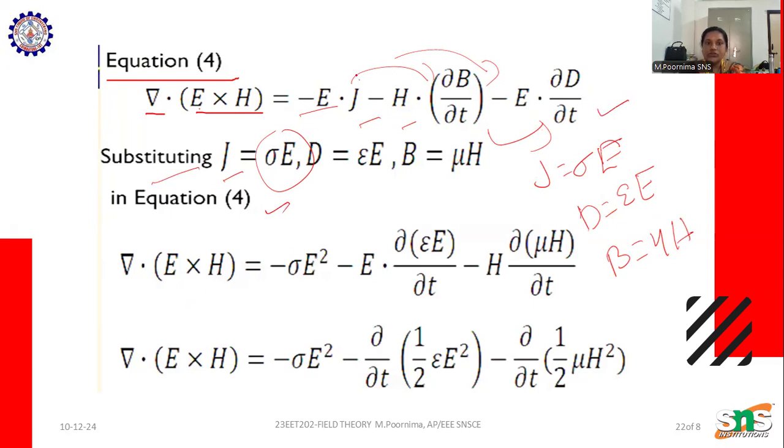Instead of J, we substitute sigma E, and since we already have an E, we get sigma E squared.